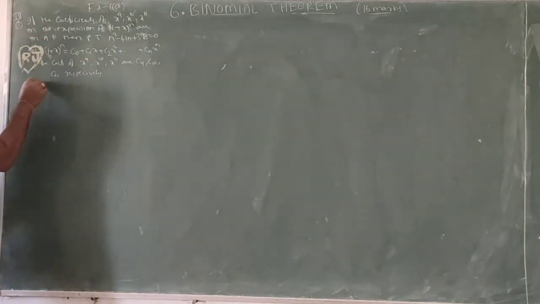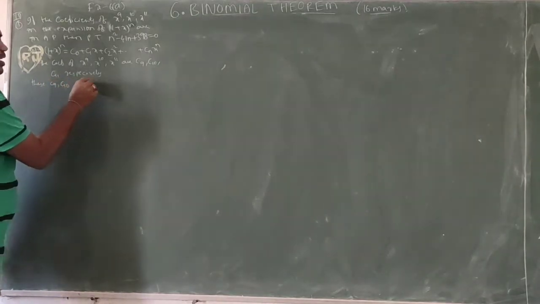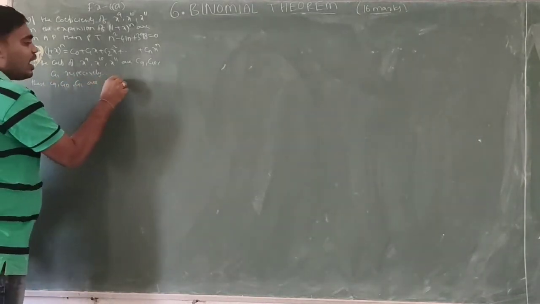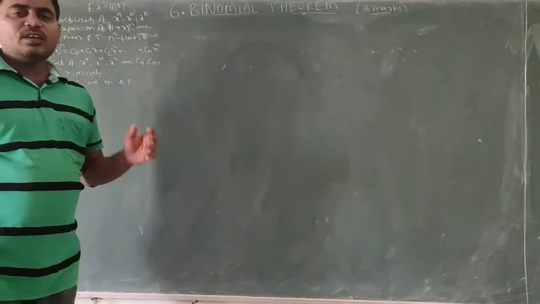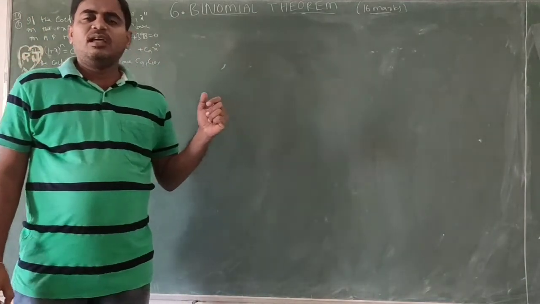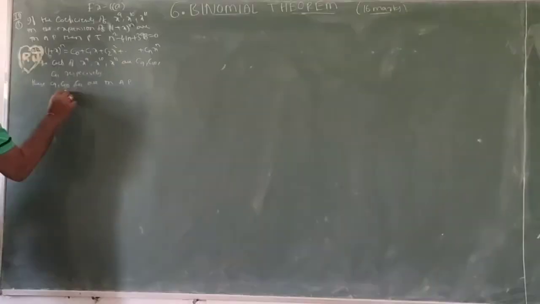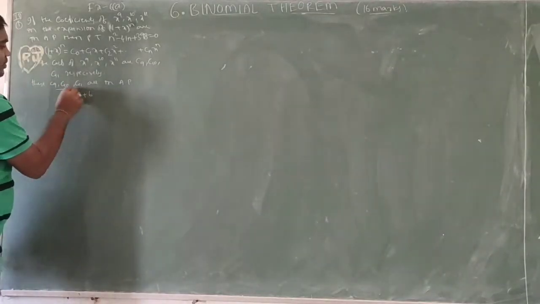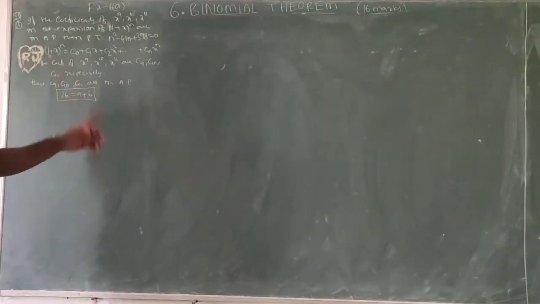These c9, c10, c11 are in arithmetic progression, which is given. If a, b, c are in AP, then 2 into middle equals first plus third, so 2b equal to a plus c. This is the formula.